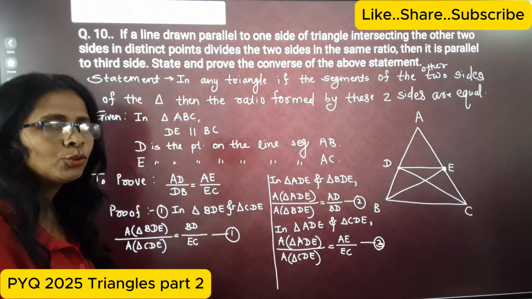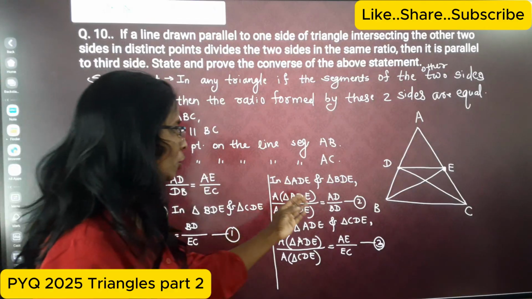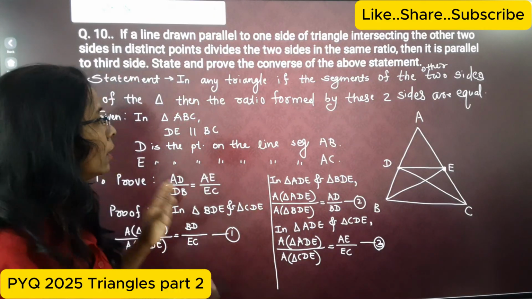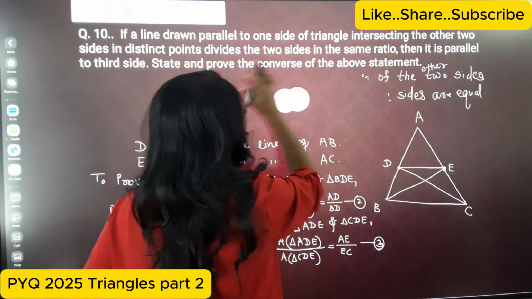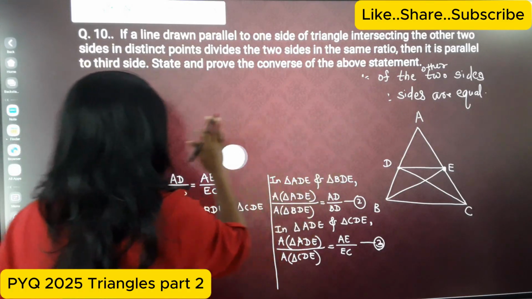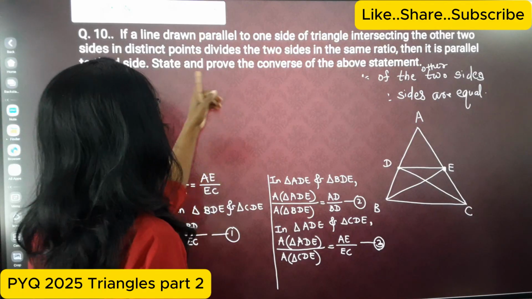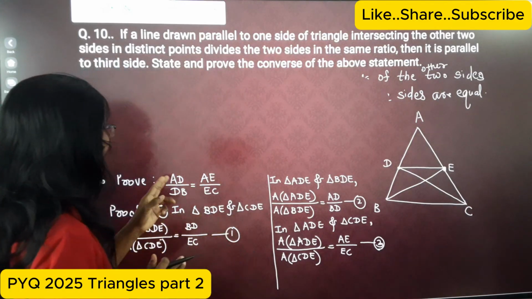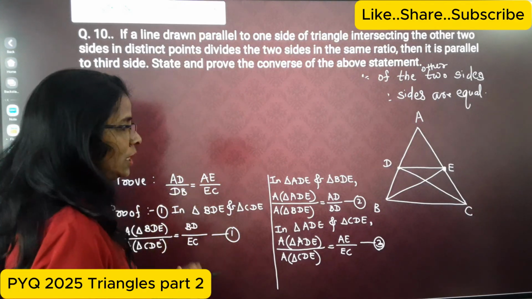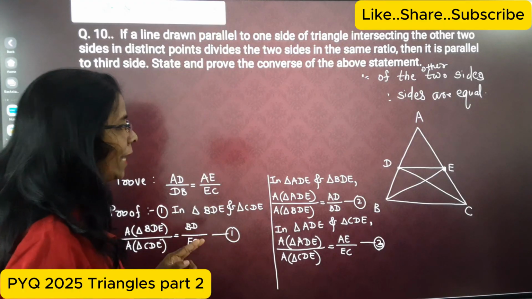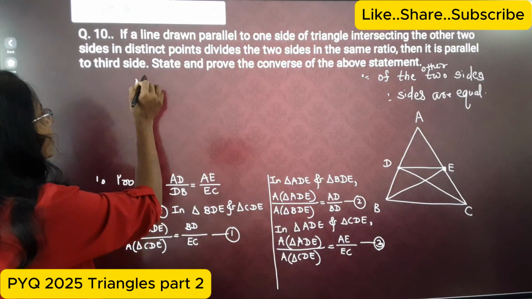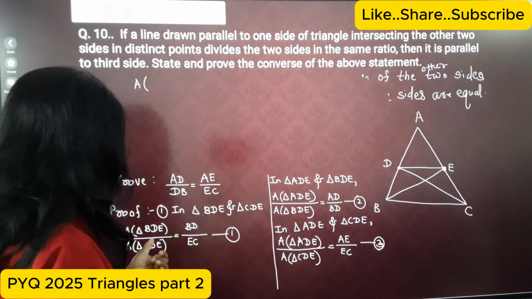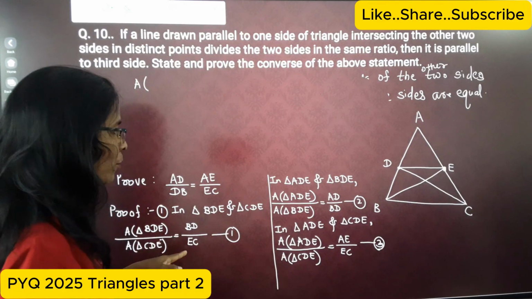So now here students, from equations 1, 2 and 3, we conclude that we have to prove that AD upon DB is equal to AE upon EC. So the area of BDE upon area of CDE is BD upon EC.